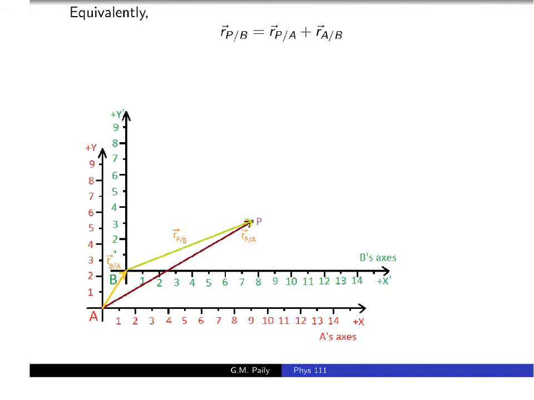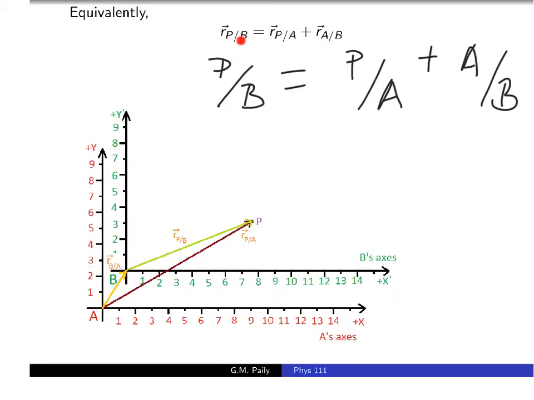As we have seen earlier, we can write the relation between the vectors like this. The advantage of writing it like this is that we notice that the middle letters essentially cancel out. This gives us an easy way to remember how to write the relation. We see that P is on top over here and on top over here. B is on the bottom over here and on the bottom over here.